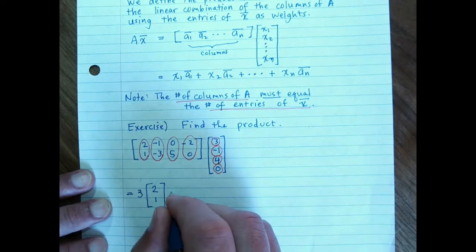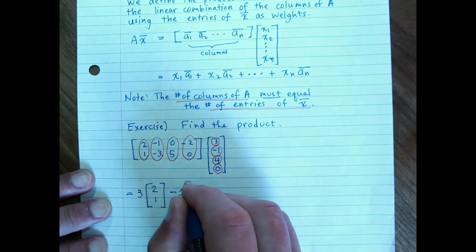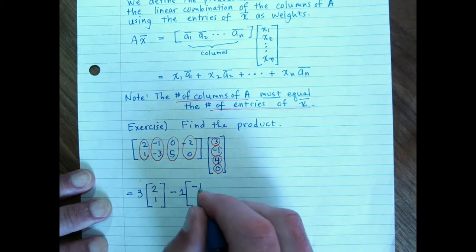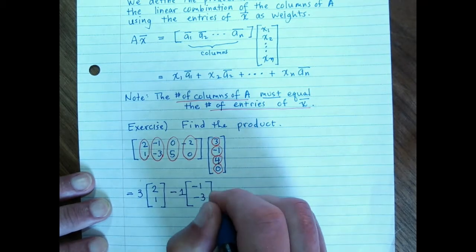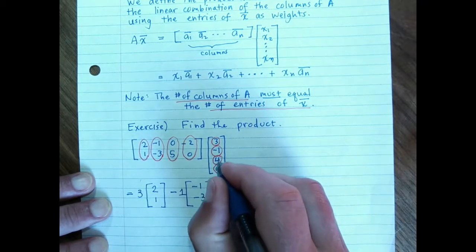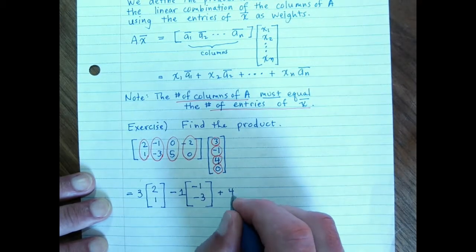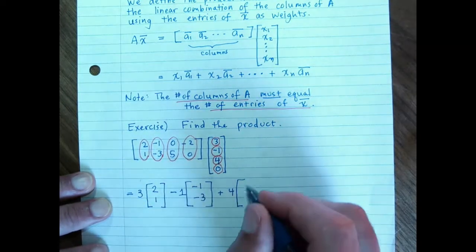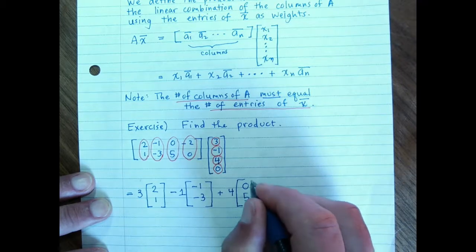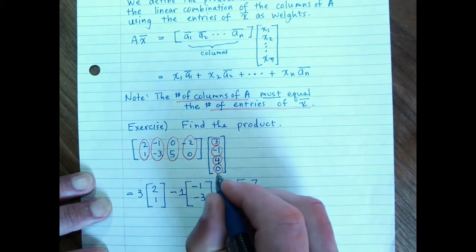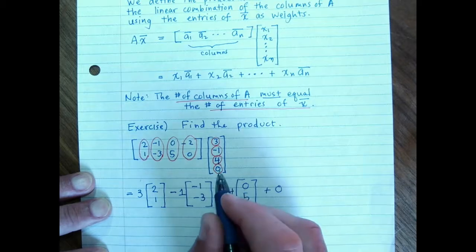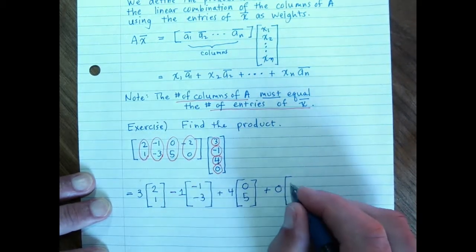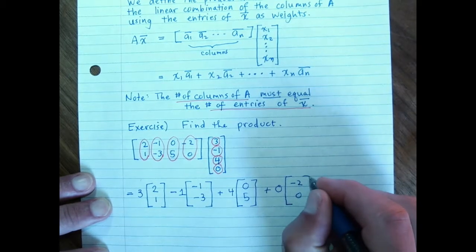I can just write minus 1 times the second column of the matrix, negative 1, negative 3. Then I add the third entry of x, so 4 times the third column of the matrix, 0, 5, plus, now I'm to the last entry, the fourth entry of x, times the fourth column, negative 2, 0, of the matrix.